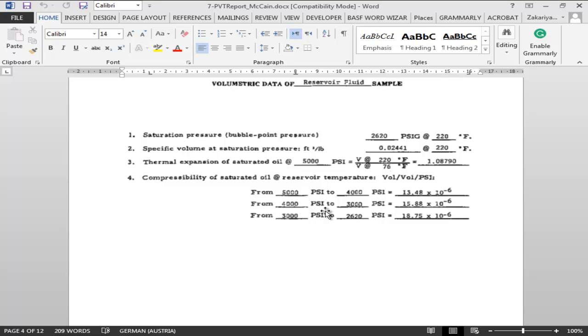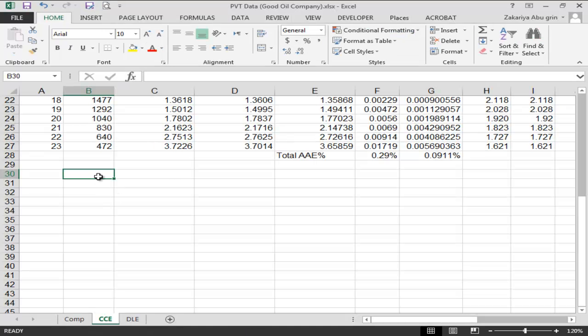Do you see that equation? Now we will do the same as what we have done with relative volume.